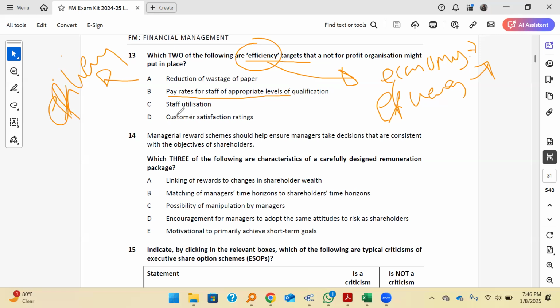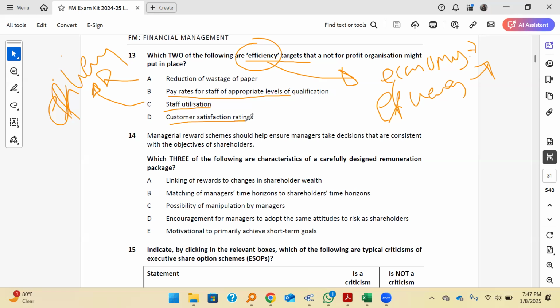Staff utilization, as you can see, this one also is going to be efficiency, because you are saying, if I have 10 people, how am I allocating the work such that each of those people is used optimally? So utilizing your resources to achieve your objectives. So those are the two that we are looking for efficiency.